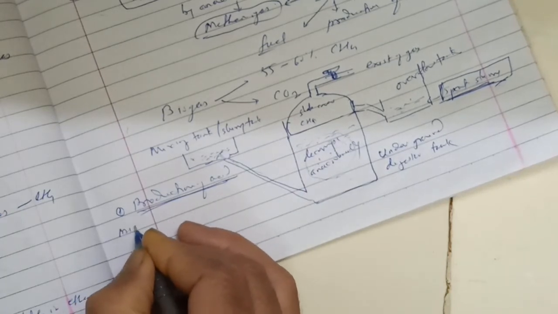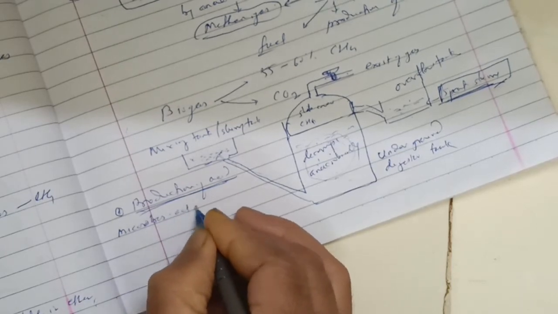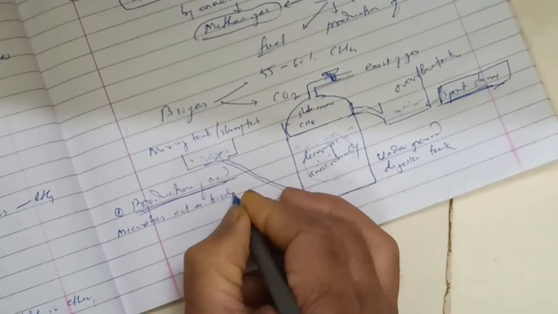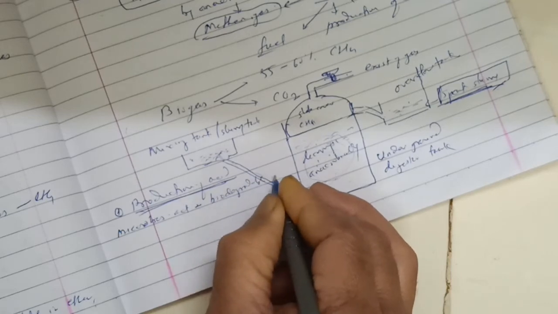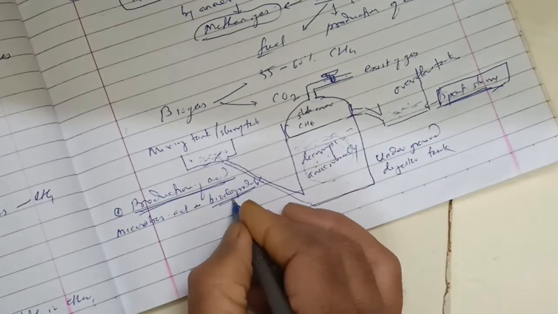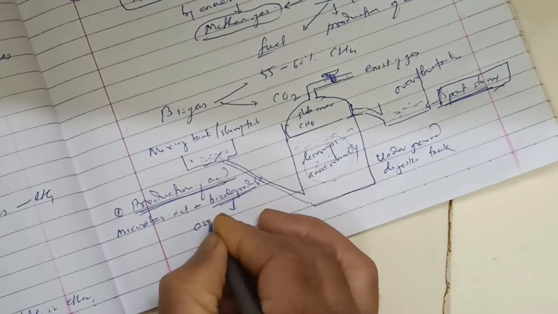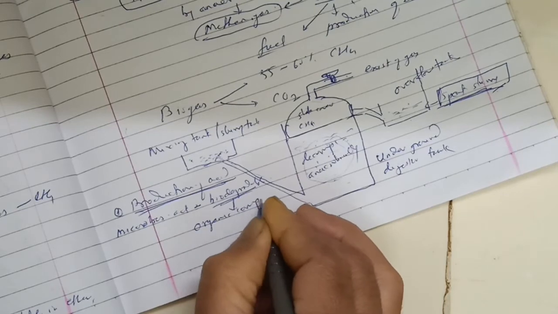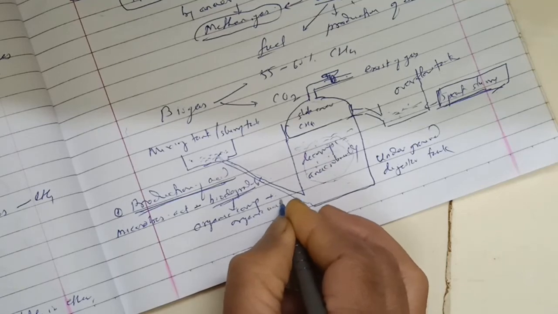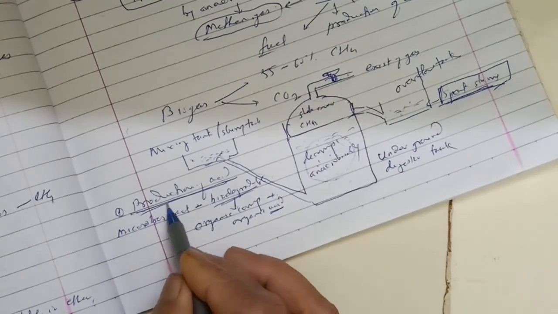In that process, microbes act on the biodegradable substance, that is, on the slurry, and from it complex organic compounds and organic acid are produced. So before methane is produced, it is completed in two stages.